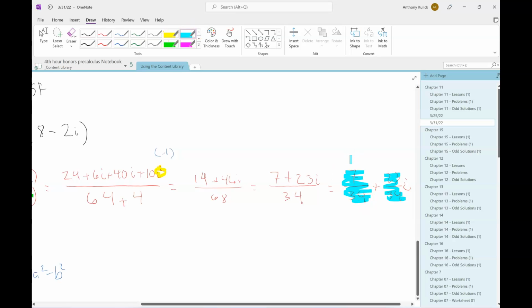Arithmetic is hard, guys, especially after you've been working hard all day. And then you just botch some trivial mental math like 24 minus 10. It's kind of embarrassing. I make arithmetic mistakes all the time and my wife gets so mad at me. She's like, how are you screwing up the tip?